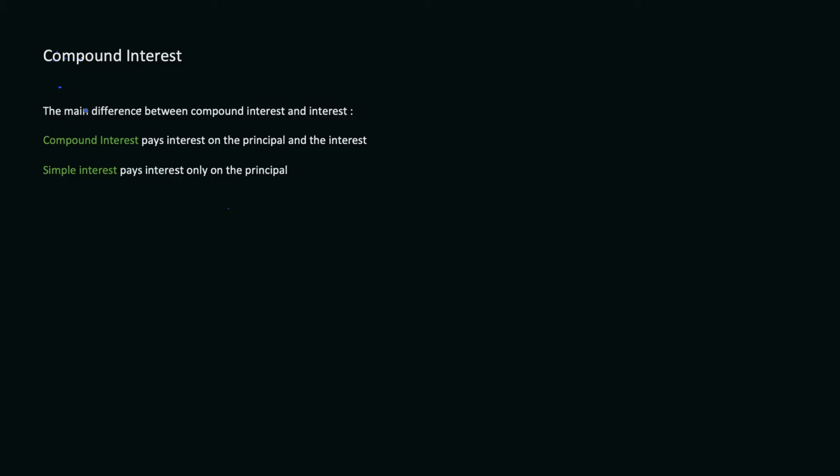But before we jump into explaining what compound interest is, I wanted to focus on the main difference between compound interest and simple interest. A lot of students get confused when it comes to understanding the difference between compound interest and simple interest. It's really simple and easy to understand.